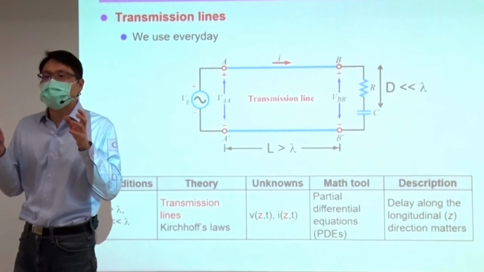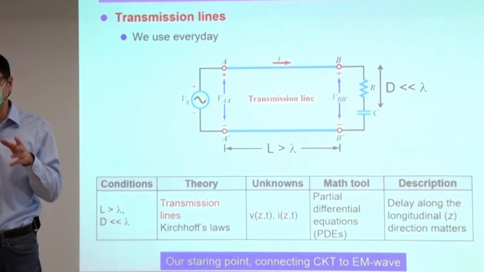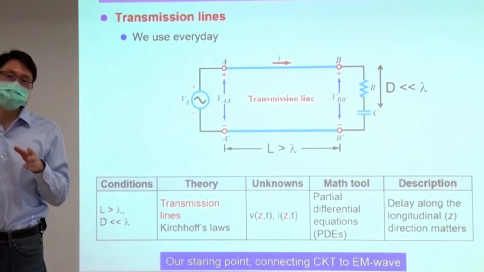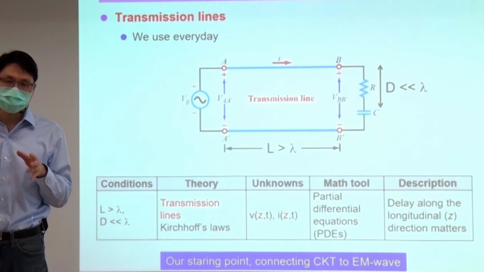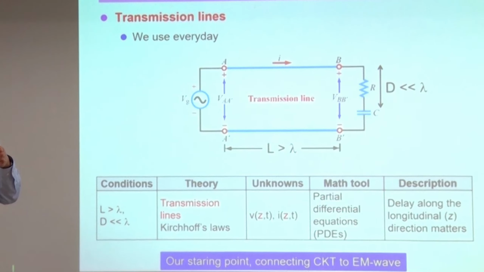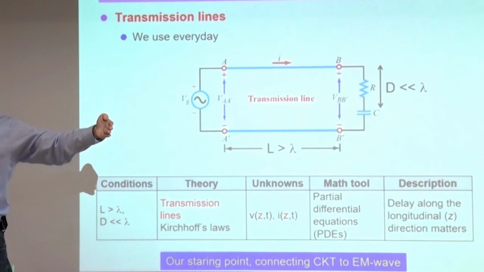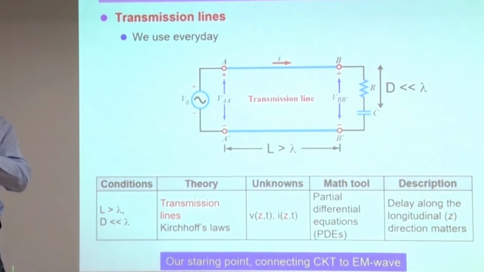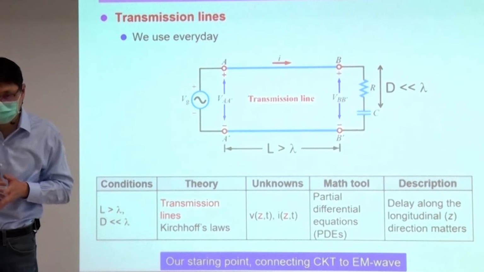Okay? So that I view as a connection between lumped element circuit to electromagnetic waves. From low frequency to extremely high frequency, somewhere in the middle, we try to establish the mathematical tools that we need and the physical insights that we need. Okay? So this is a better connection.